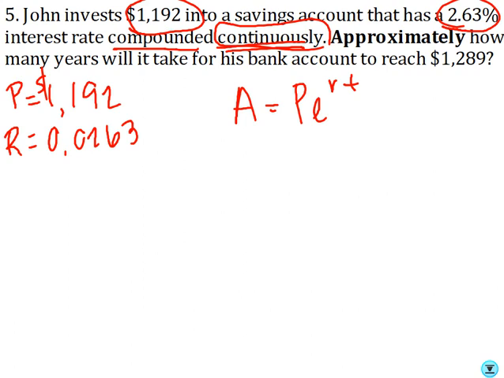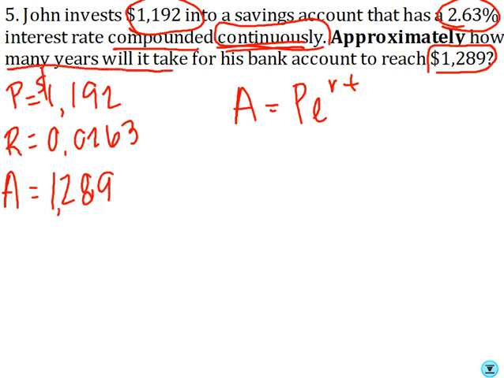Going back to our question here, approximately how many years will it take for his bank account to reach our resultant 1289? Again, how many years will it take is going to be our t. That's our question.